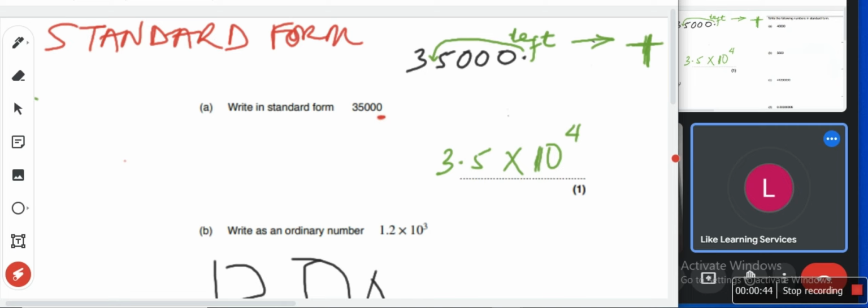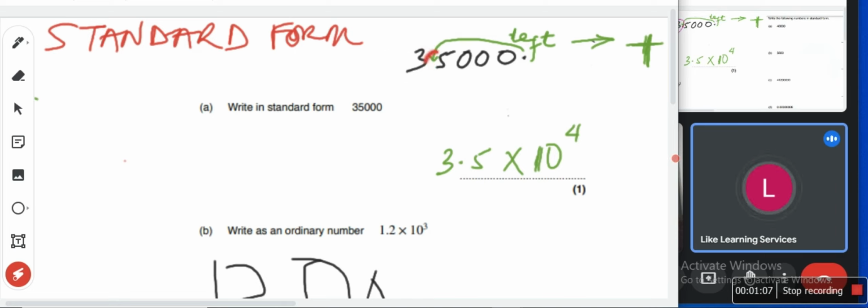And I said there's an imaginary decimal point after the last digit. You're going to move that imaginary point until it comes to a position just after the first digit.